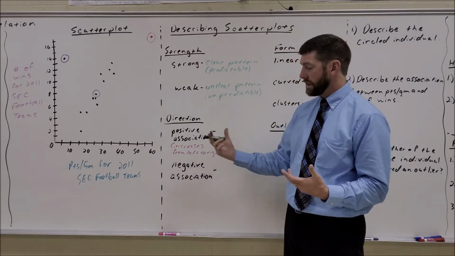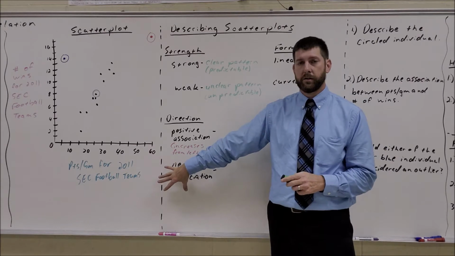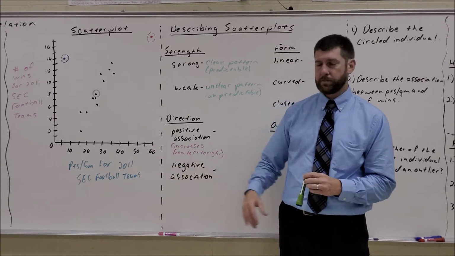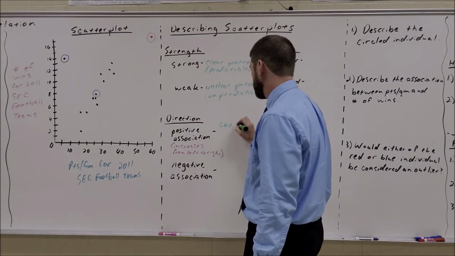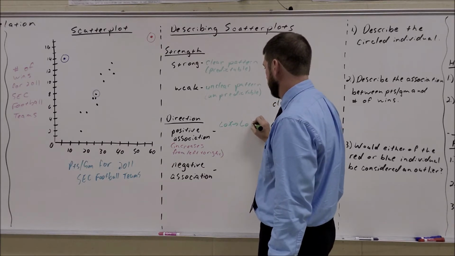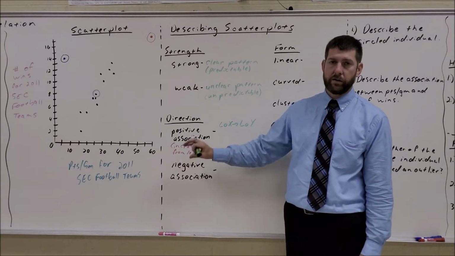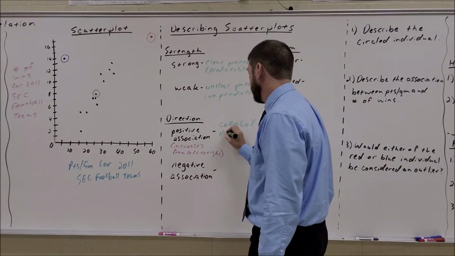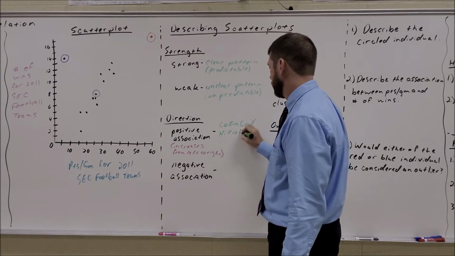So for a graph to increase from left to right, that means it has to be down on the left, which means that it would have low explanatory values and low response values. So I think of that as a low x predicts a low y value. Right? That's going to be two small values, so the graph's going to be low on the left side. And then a high x value should predict a high y value.